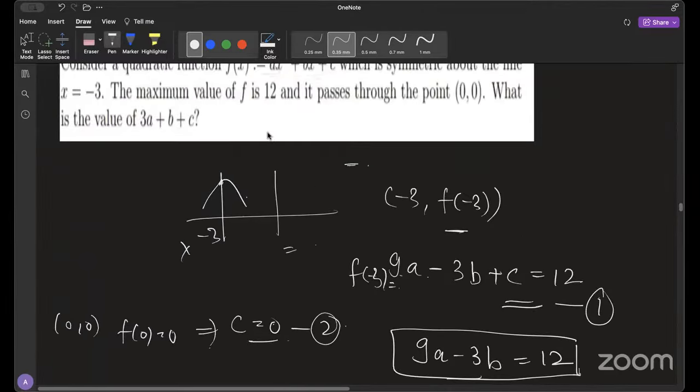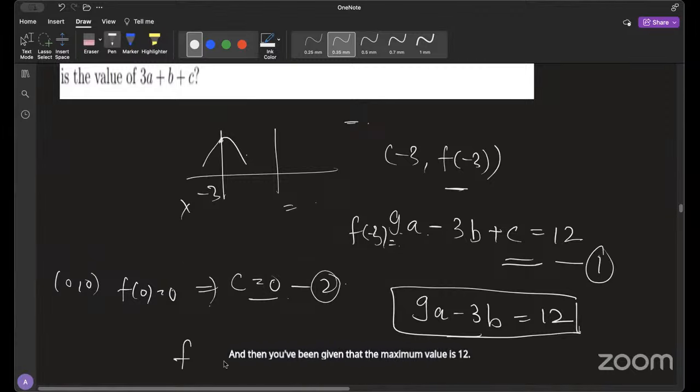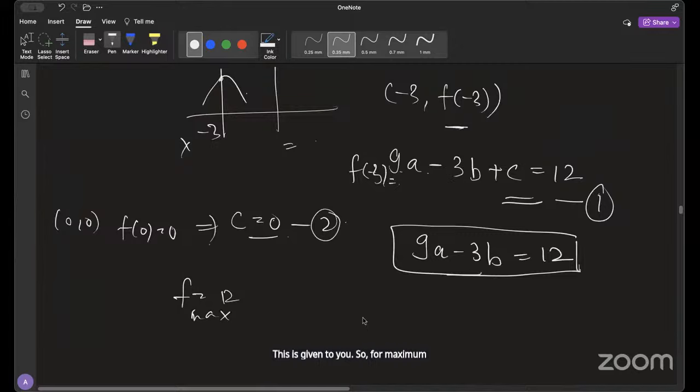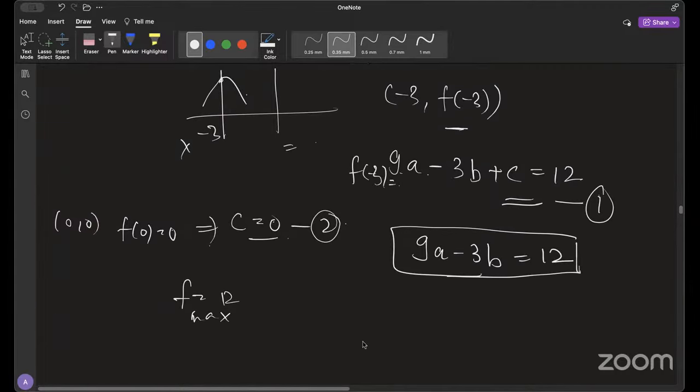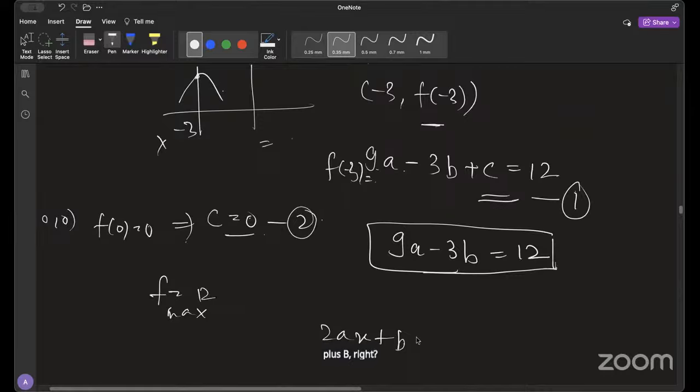And then you've been given that the maximum value of f is 12. So for maximum value, what you do is take the derivative, which is 2ax plus b, and equate it to 0.